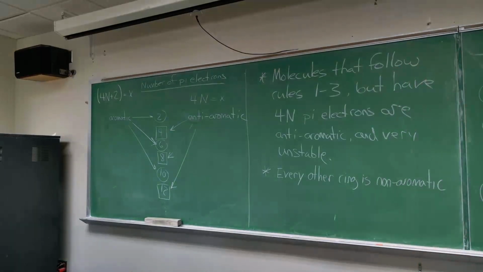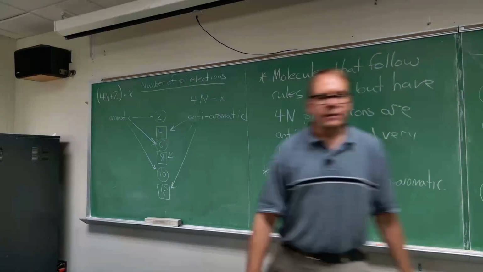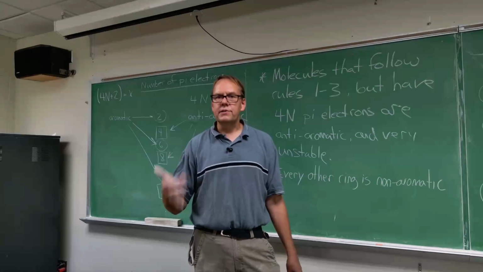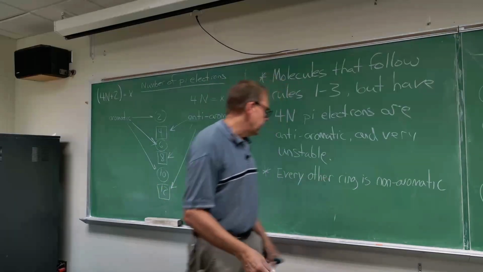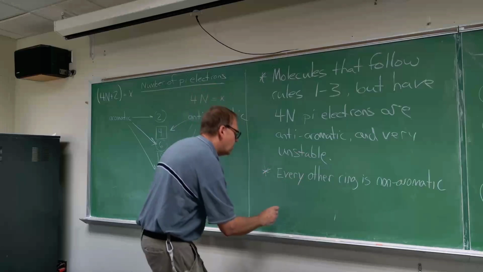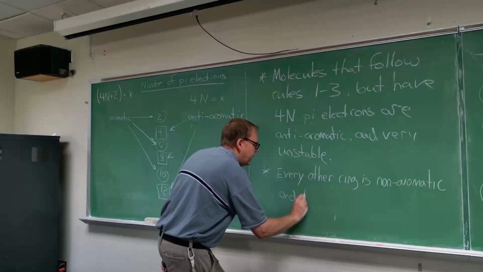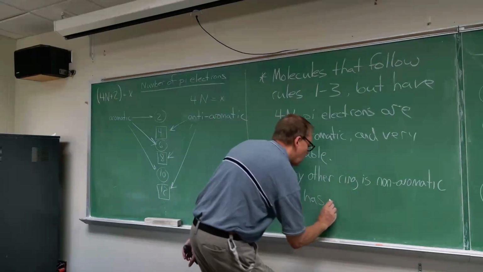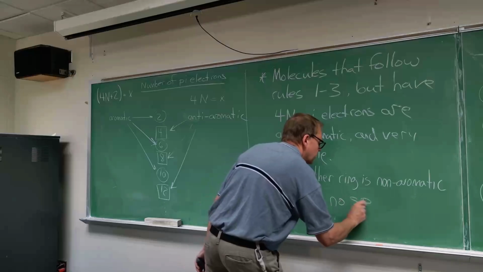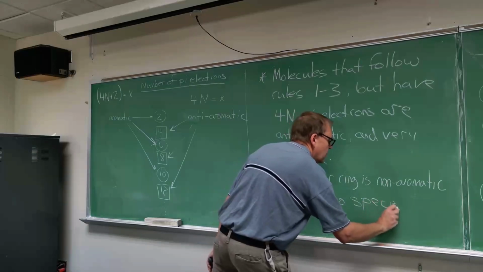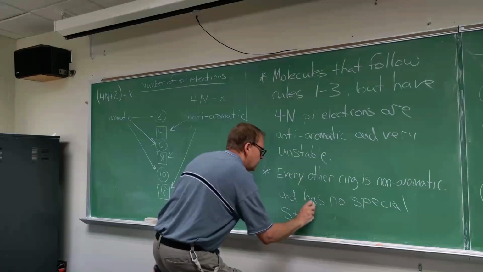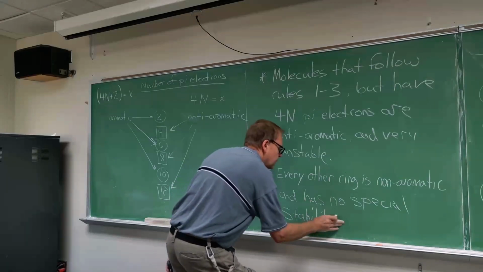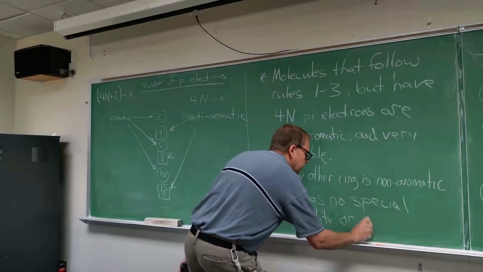It's not anti-aromatic, it's just non-aromatic, which means it isn't especially stable, isn't especially unstable, it's just kind of normal. Doesn't have anything weird going on with its stability. Every other ring is non-aromatic and has no special stability or instability.